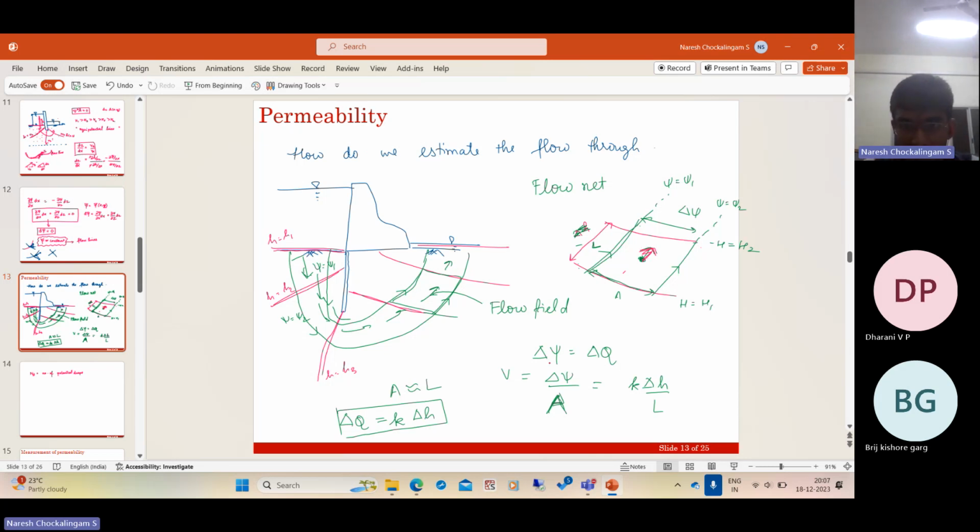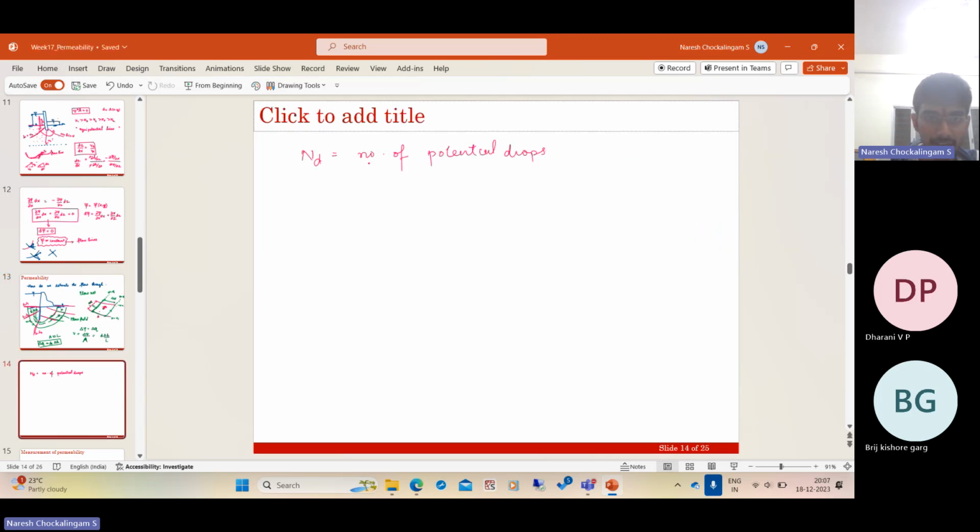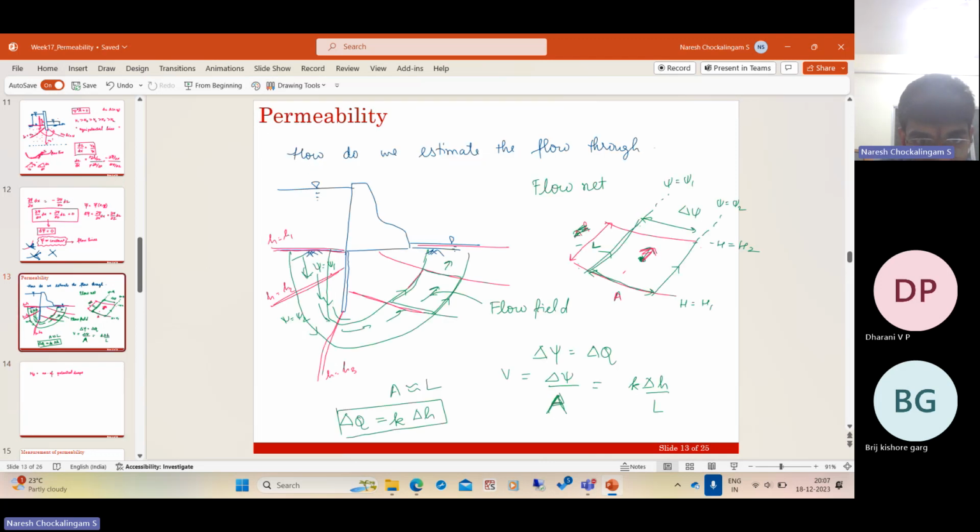Further, multiply the discharge velocity by the area, we get the flow, which is delta q. And we are assuming it is 2D, so this area is nothing but A into 1. But if you construct the flow net such that this A is approximately equal to L, which means this flow field should be roughly square. If we construct the flow net in such a way, then, and suppose there are n number of potential drops, and these are flow channels, right?